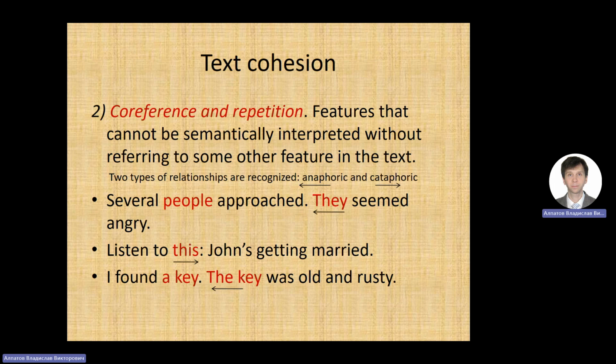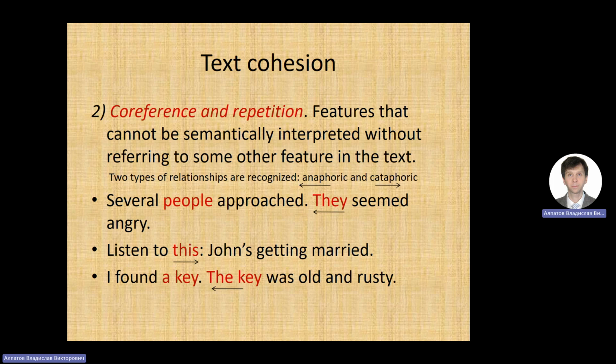So on the one hand, there is the definite article, which refers you again to some prior information. But secondly, it's just the word itself, right? A key, the key. And the two types of relationships in co-reference and repetition are anaphoric and cataphoric. The ones which refer you to some previous sentences in the text are anaphoric.